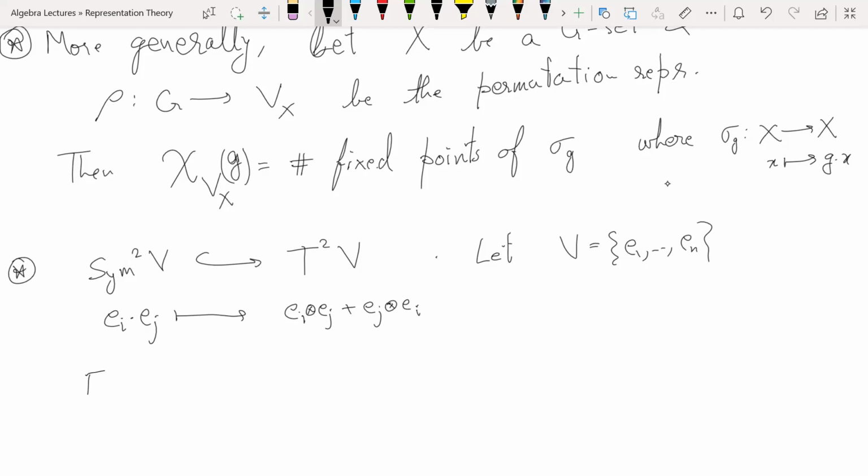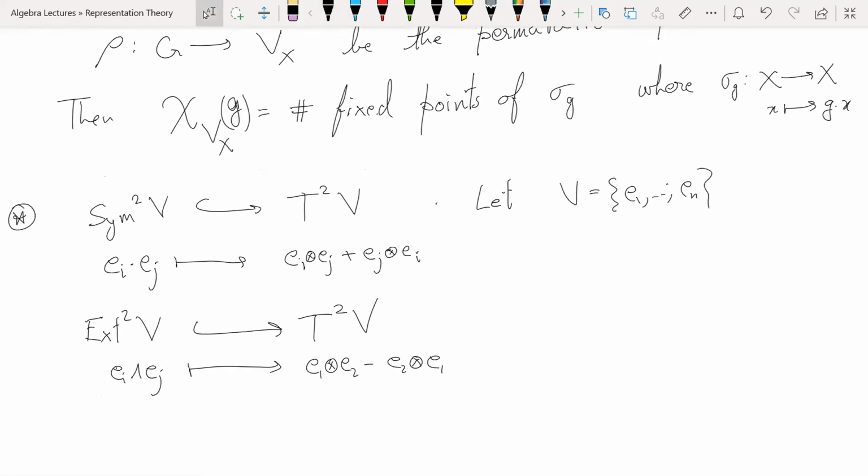Similarly, you have a map from the exterior square to T2V, and for 2 this is Ei wedge Ej going to Ei tensor Ej minus Ej tensor Ei. These form a basis if i is different from j, whereas here i and j could be the same. If there are more factors, you have to worry about signs, so it becomes slightly more complicated. But here the formula is nicer.